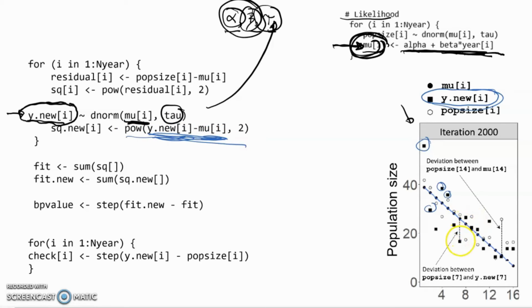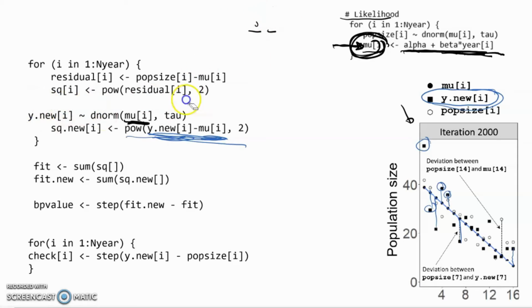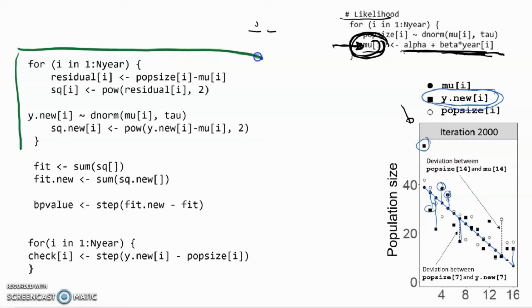So we're going to take each one of these distances, each one of those distances between y nu I and mu, and we're going to square them. So all of that is going to happen within this loop for the 16 years.